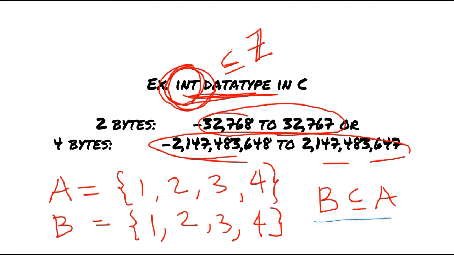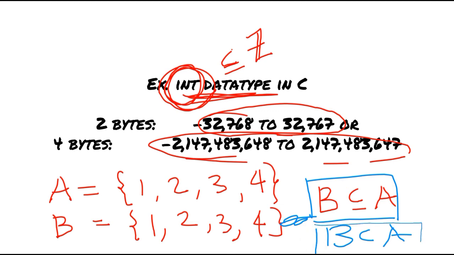So B is still a subset to A. However, we can no longer say that B is a proper subset to A, because for a set to be a proper subset, it should have less elements than the original set. So this is the symbolism for that. This is a proper subset.